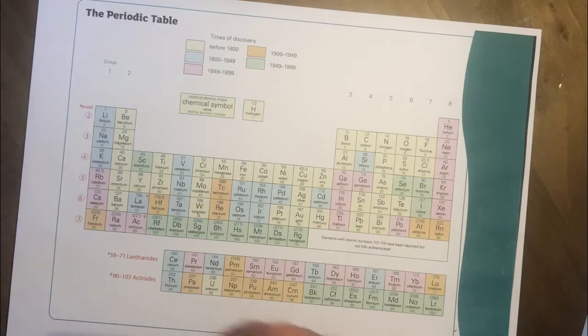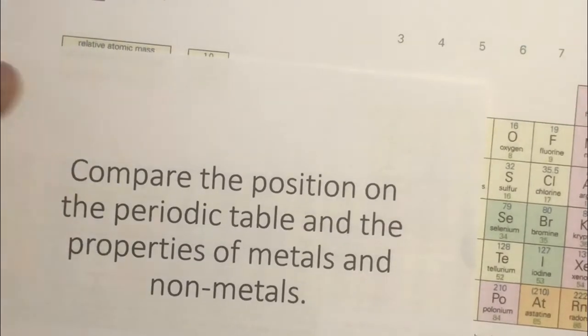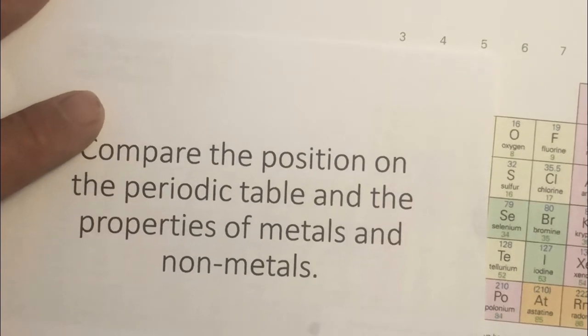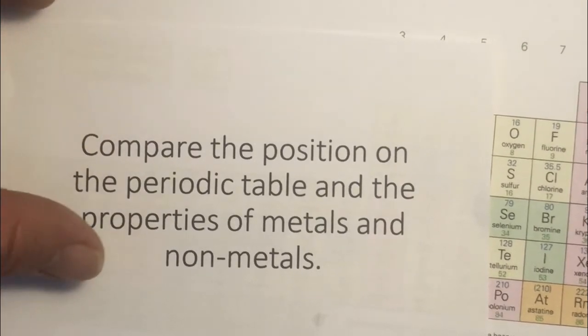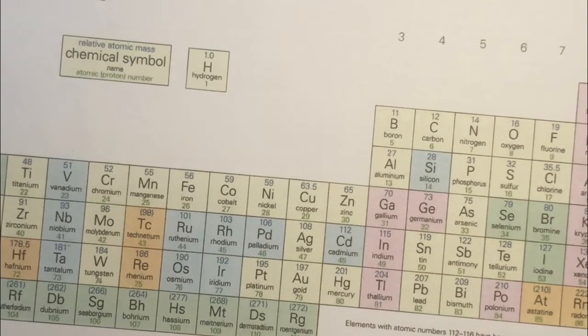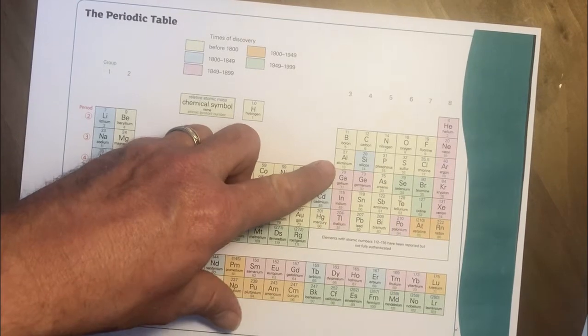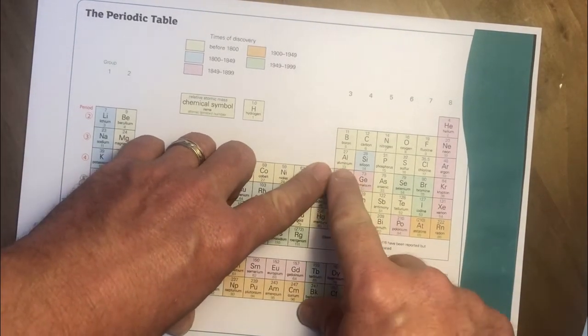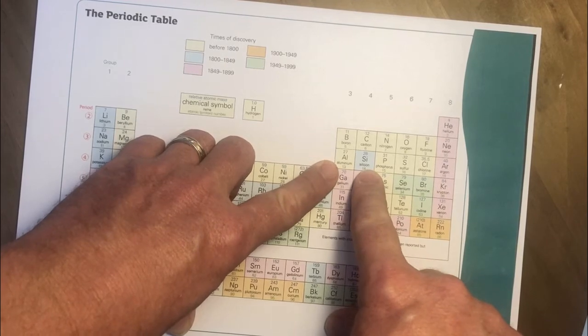Now, the question itself is to compare the position on the periodic table and the properties of metals and non-metals. The way I always try and remember it is aluminium is a metal. Silicon isn't a metal.